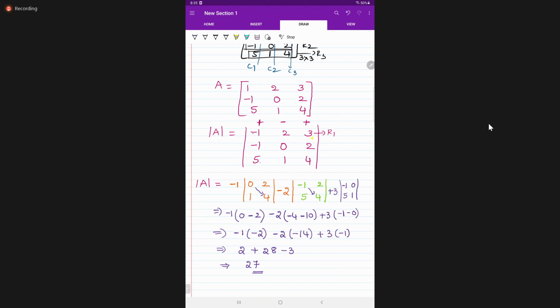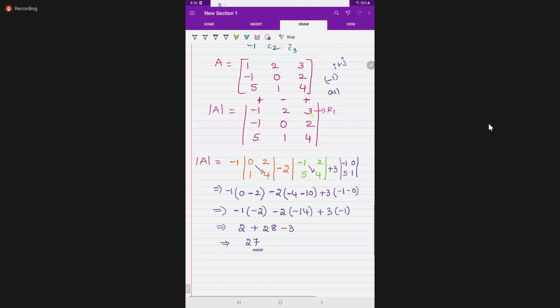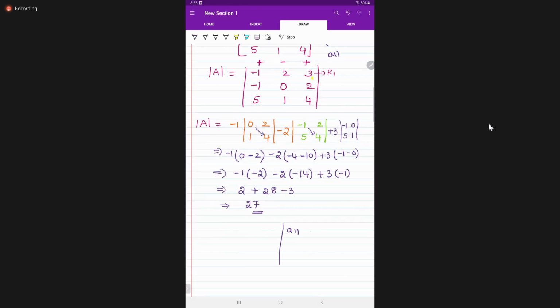Okay, expanding along the first row means multiplying the first element a11 of R1 by minus 1 to the power of i plus j. The elements are a11, a12, a13. Here we get plus minus plus.